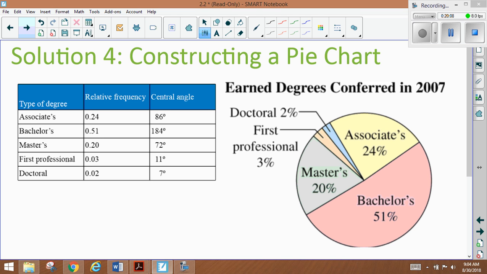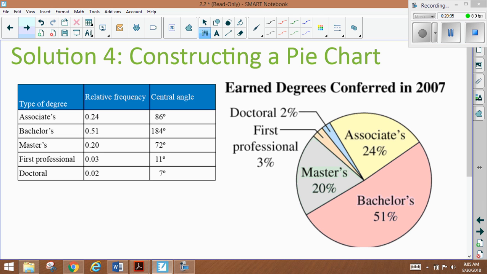And then I would personally go on to fill in associate's degrees next, the next largest one, at 24%, just about a quarter of the circle. And then a little less than a quarter of the circle for master's degrees, because master's degree was at 20%. And then you can fit in the other two.